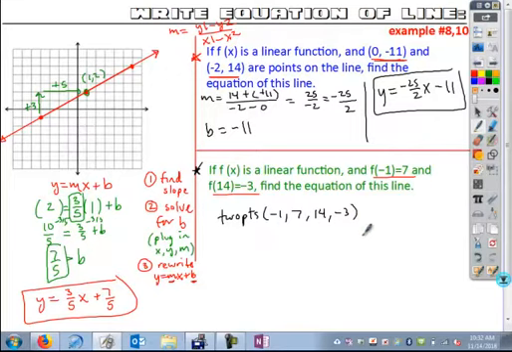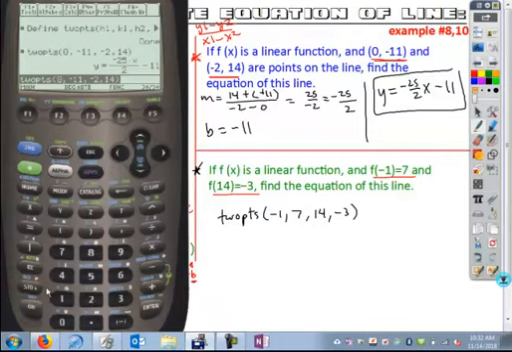If you've defined it correctly, that's all you'll need to do in order to calculate it.